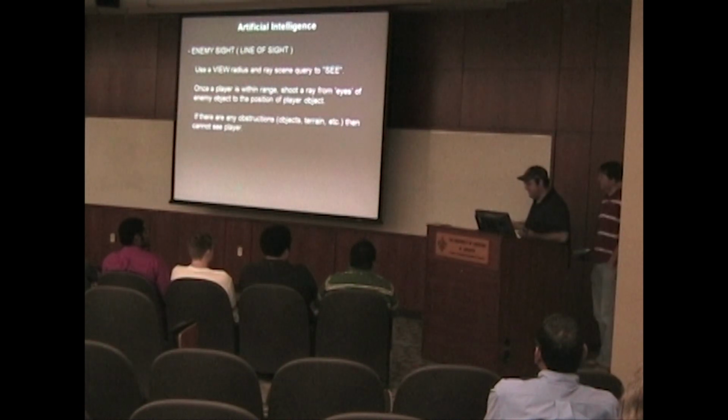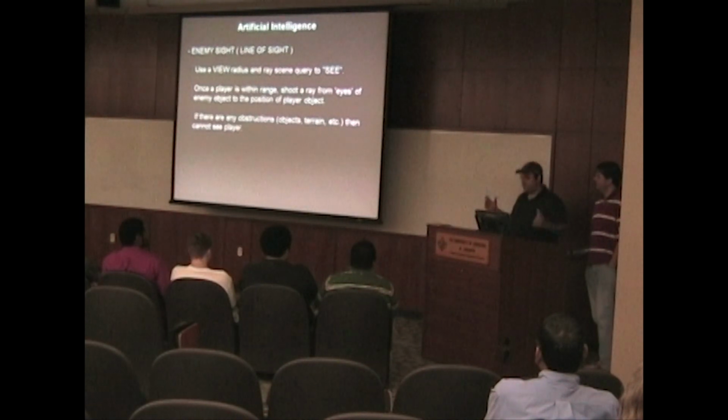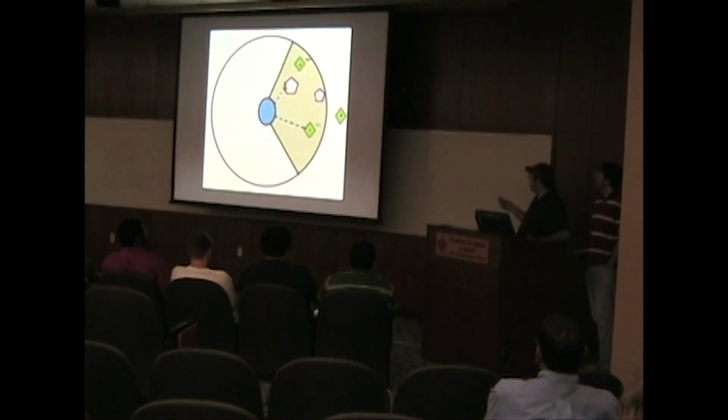And then step three is once we establish that, number one, we're within our view circle, which is depicted here. We check if we are within this angle. And then step three, we shoot a raycast query from the eyes of our AI object straight to the player object.